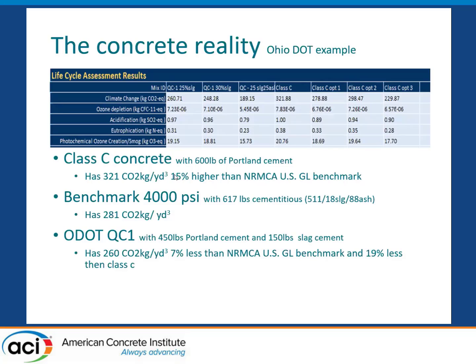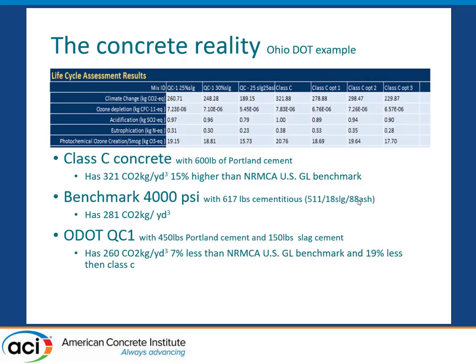And we will see, as the NRMCA, as well as other industries, continue to keep doing these benchmarks and doing the industry EPDs, we should start to see lower reductions in CO2 emissions and other emissions. When we look at the benchmark 4,000 PSI mix, that benchmark is basically showing 511 pounds of cement for 4,000 PSI, 18% slag, 8% ash.